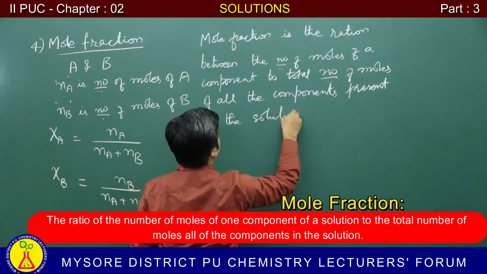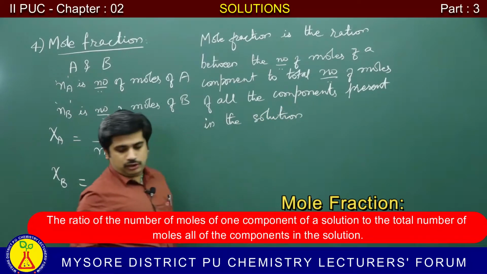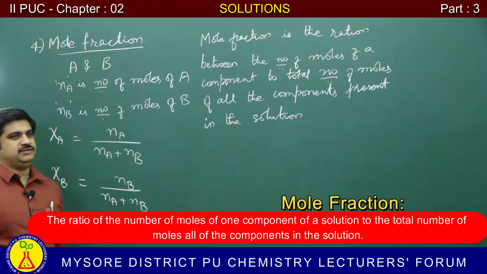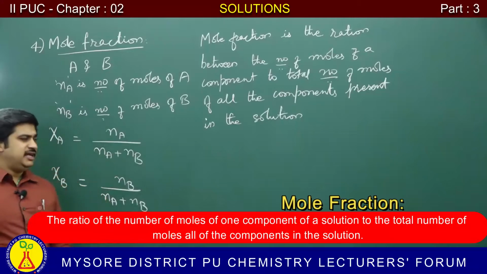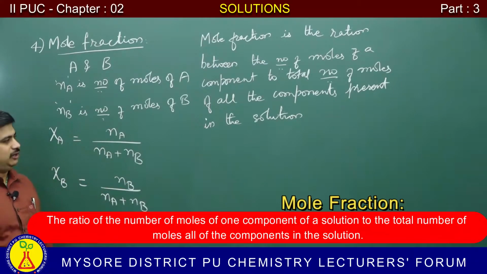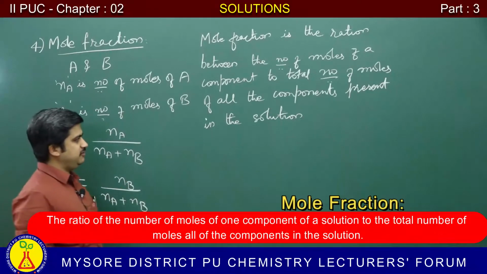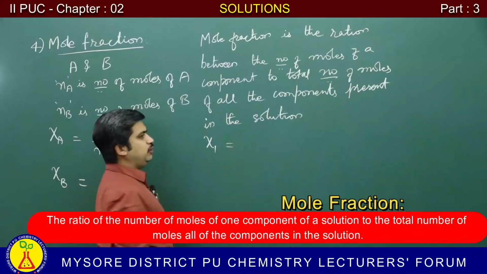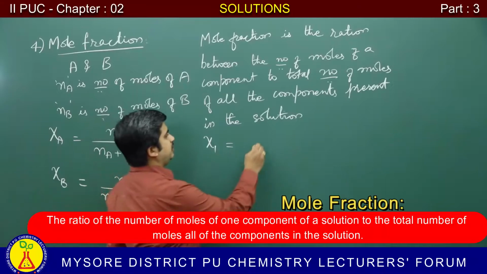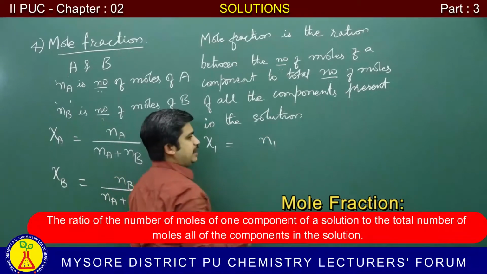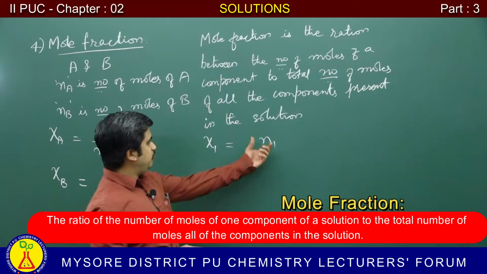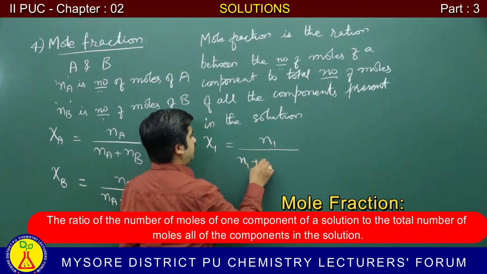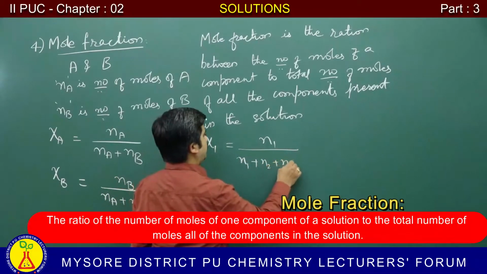Now in the example that we have chosen, there are only two components. If there are more than 2 components, then include all of them. If there are n components, for example, mole fraction with respect to component number 1 is the ratio between the number of moles of the first component to the total number of moles of all the components.